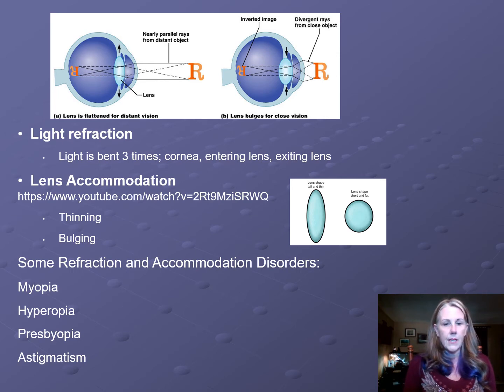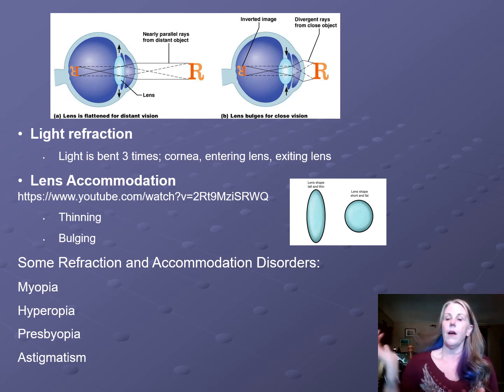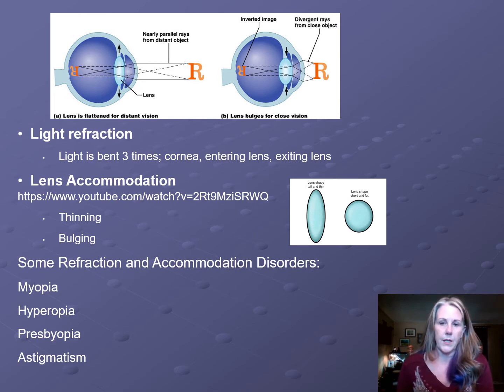All right, the next one is presbyopia. So presbyopia is a combination of both myopia and hyperopia. So it's a loss of lens accommodation. For whatever reason, your lens just will not accommodate as it once did. Now it could be you could be born that way, from the beginning, or a lot of times this will increase with age.